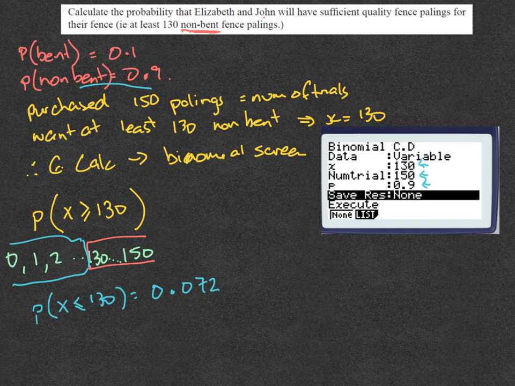So we need to actually go 1 minus 0.072, and that gets us a totally different answer. So hang on, that would give us 0.9218 basically. Whoops, is that right? Yeah. So that's your answer there. So there's basically a 92% chance that they're going to get at least 130 non-bent palings.